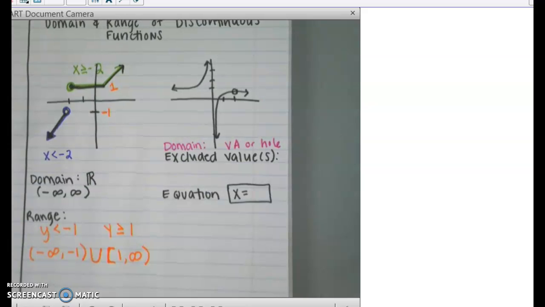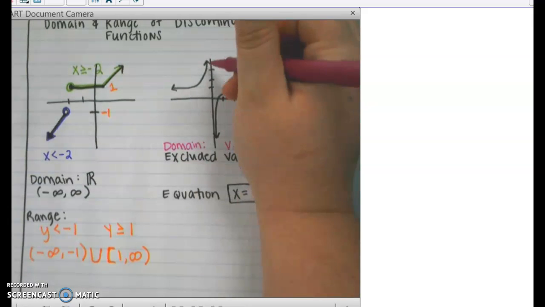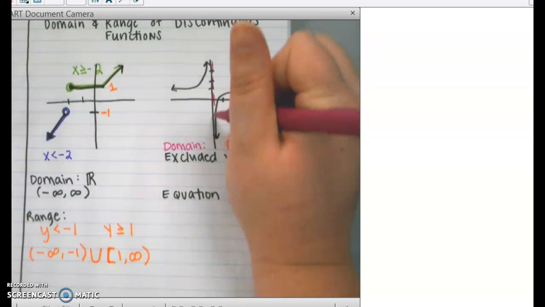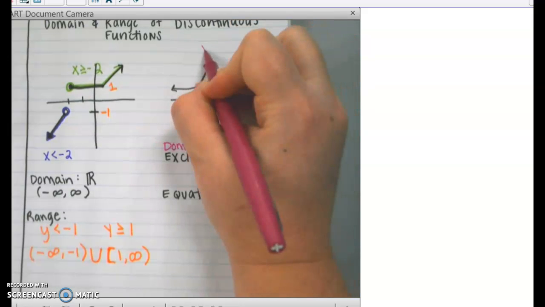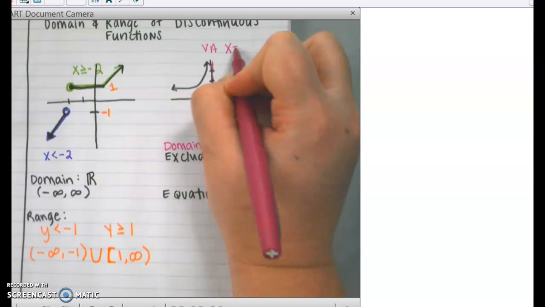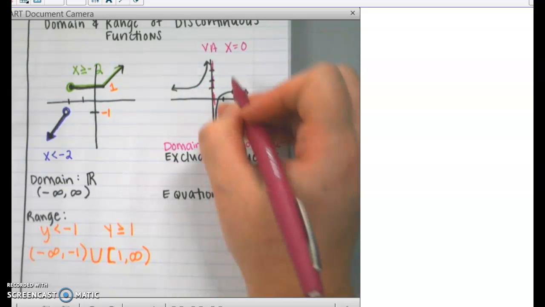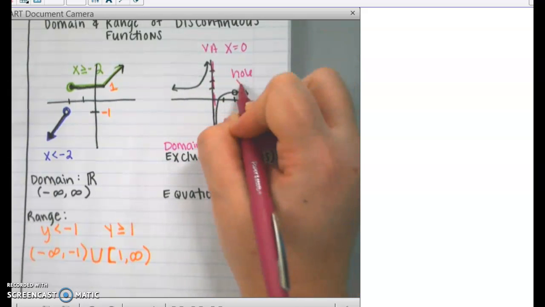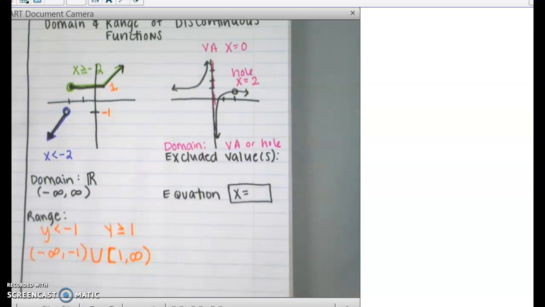In this particular graph, I have two excluded values because it looks like I have a vertical asymptote here when x equals 0, and I also have a hole when x equals 2. So you can just list 0 and 2 as the excluded values.